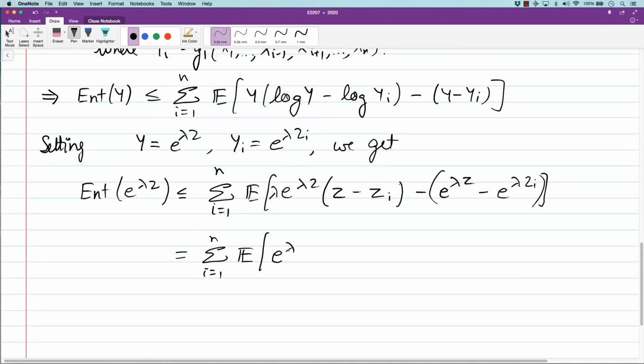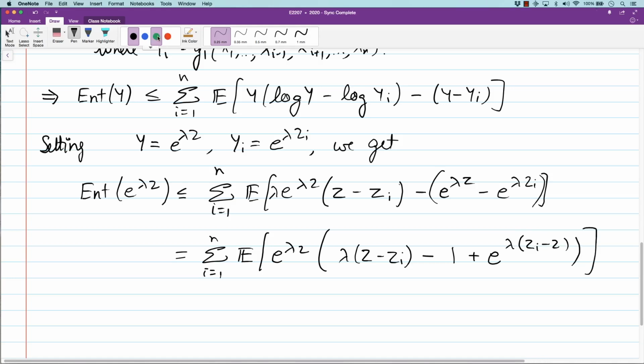So this is exactly equal to the summation over i equal to 1 to n of the expected value. We take e to the power lambda z outside, and what we get inside is lambda times z minus zi, minus 1, plus e to the power lambda times zi minus z.